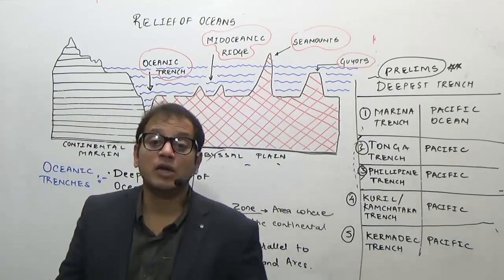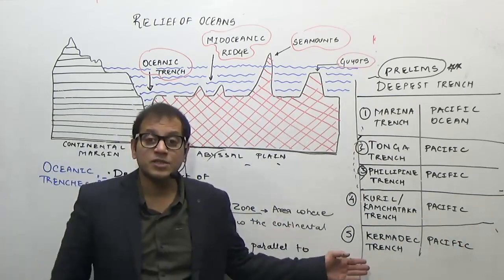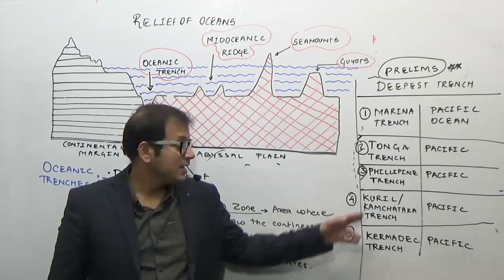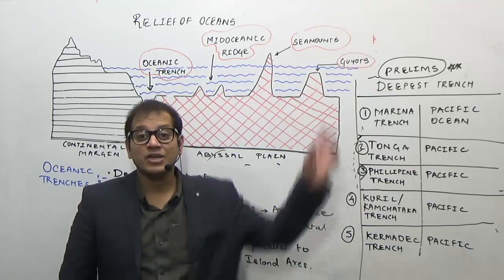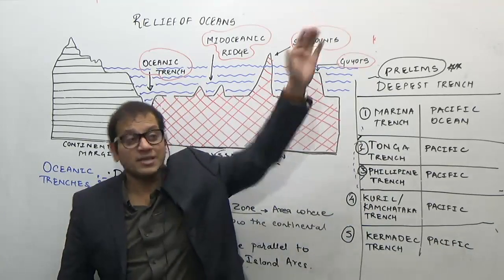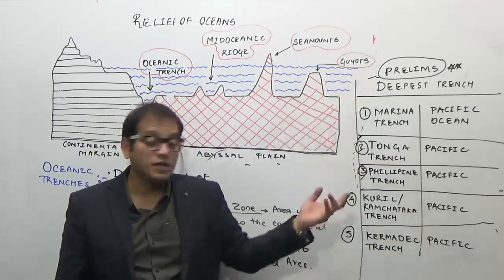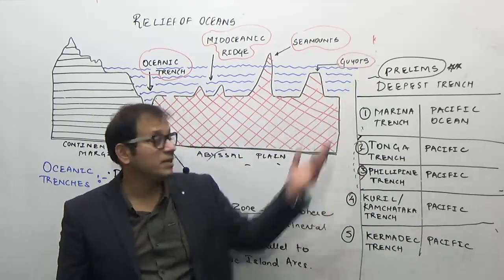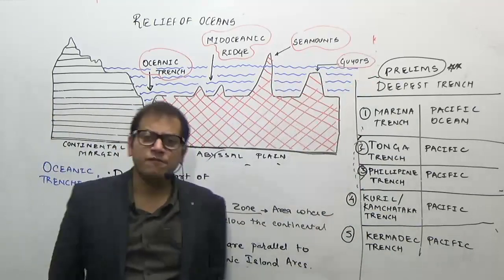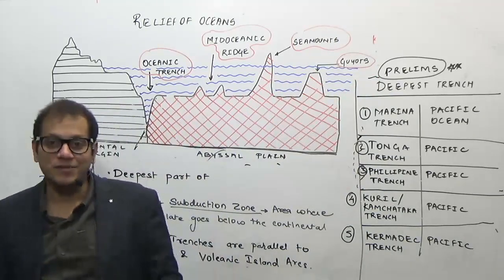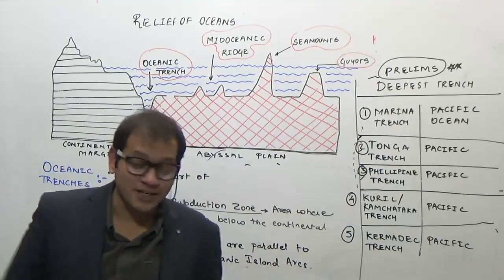I will show you the location of each of these trenches. The Kermadec Trench, for example, is near New Zealand. Kuril or Kamchatka: where is the Kamchatka Peninsula or Kuril Islands? Northeastern part of Russia, the northeasternmost part of Russia. Tonga Trench and Philippine Trench are around the Philippines region. Mariana Trench is near the Philippines region. So you see the top 5 trenches in the world are in the Pacific Ocean itself. We are not even starting with the Atlantic and Indian Ocean.